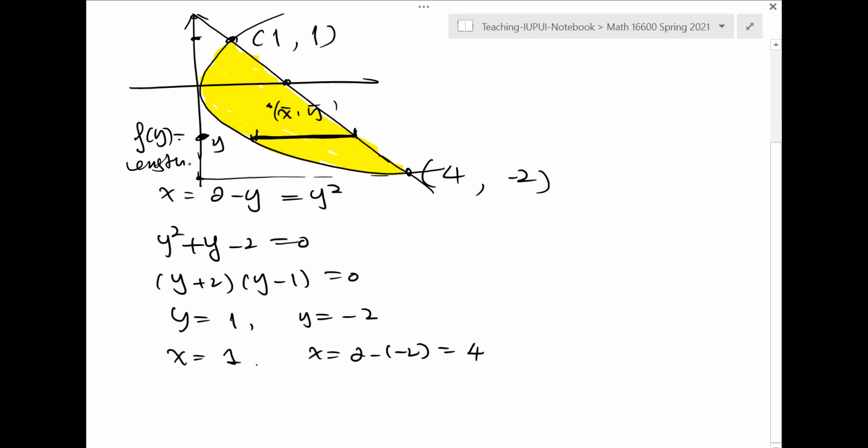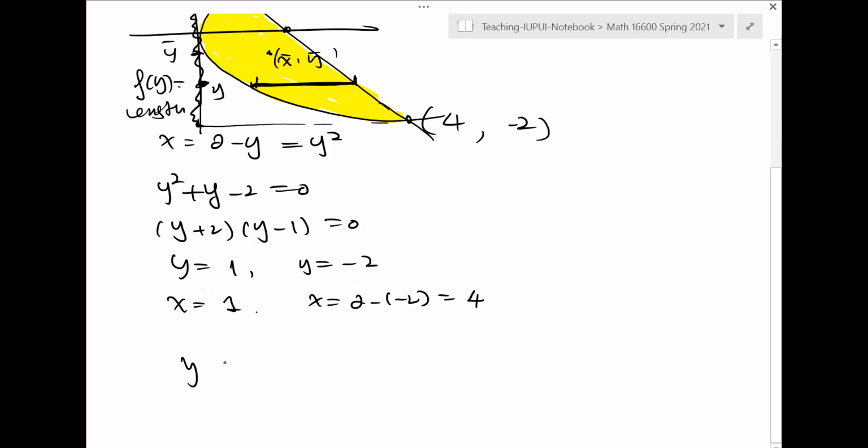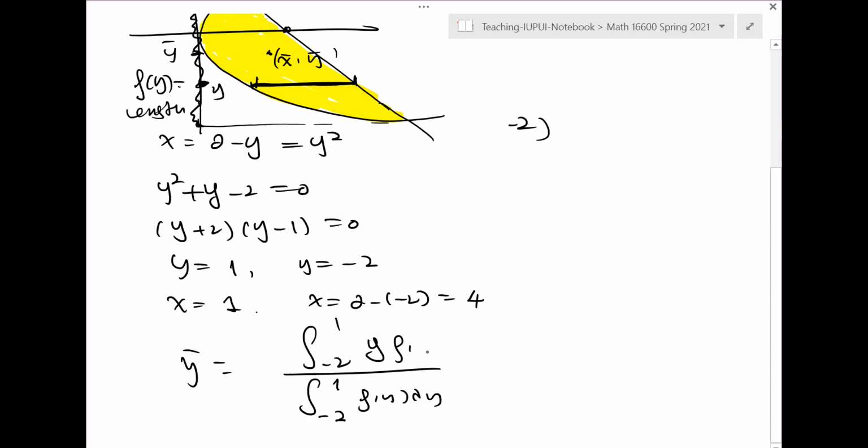So the y bar, the center, if all the material accumulates along this line, you get the y bar. The y bar is going to be the integral of the total mass, right? So from negative 2 to positive 1 of y rho of y dy, divided by the total mass. So that's the formula.